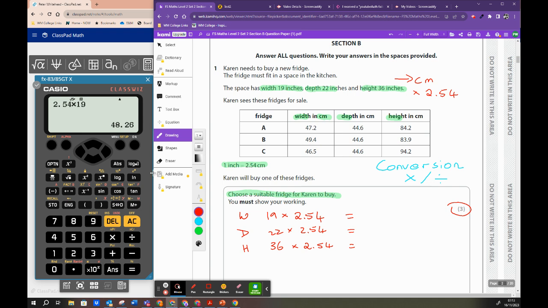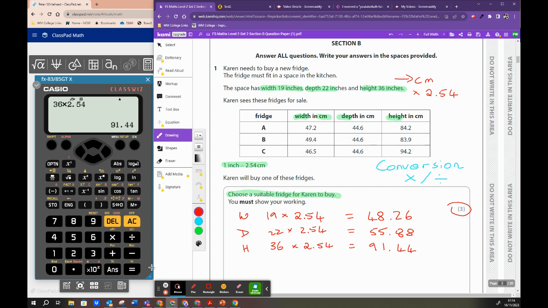So there we have the answer on our computer, 2.54 times 19, 48.26. 55.88. And finally, the last one, 36 times 2.54, 91.44.